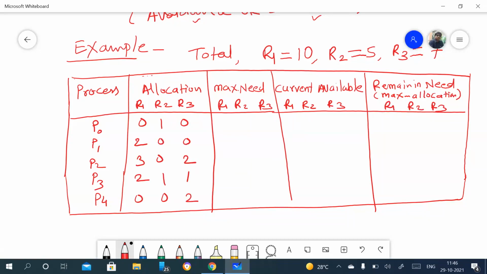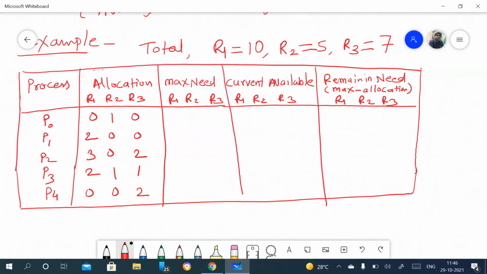And the maximum need is again given: 7, 5, 3; then 3, 2, 2; 9, 0, 2; 4, 2, 2; and 5, 3, 3.